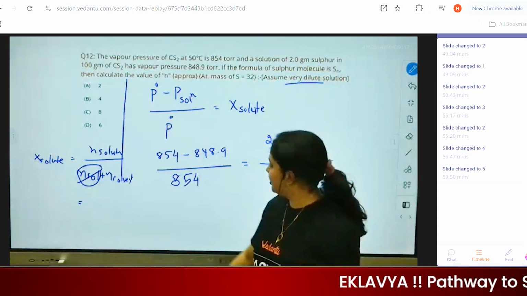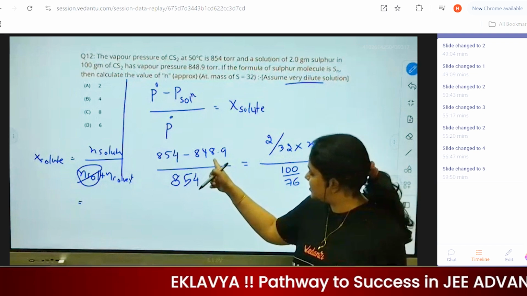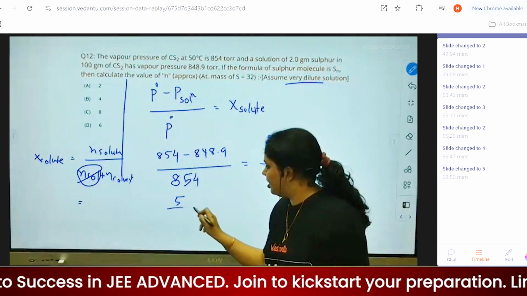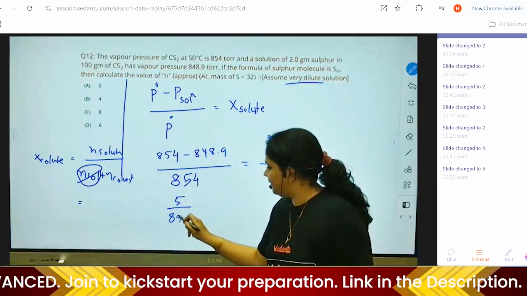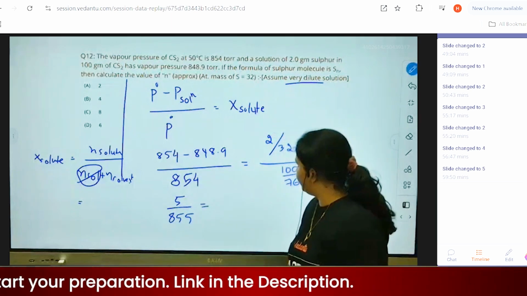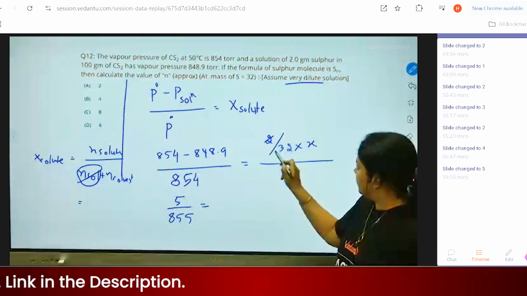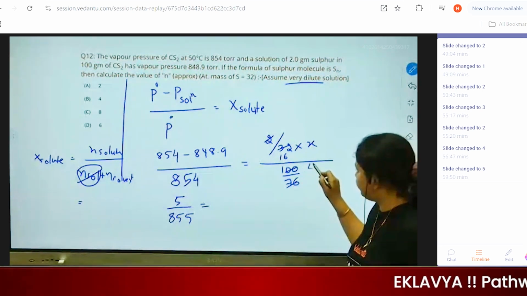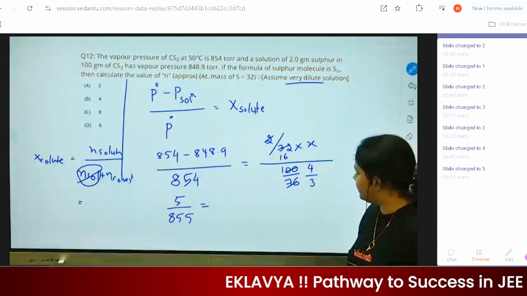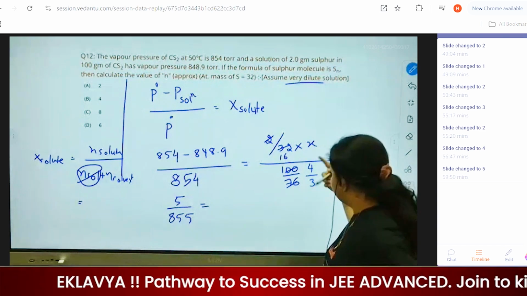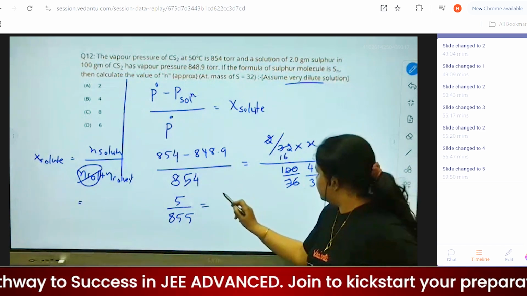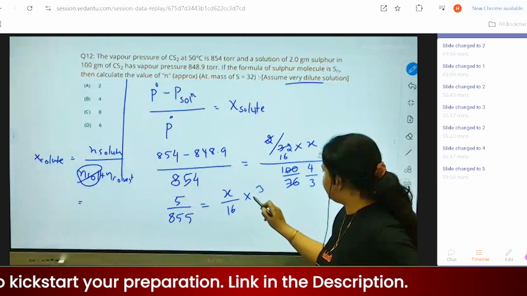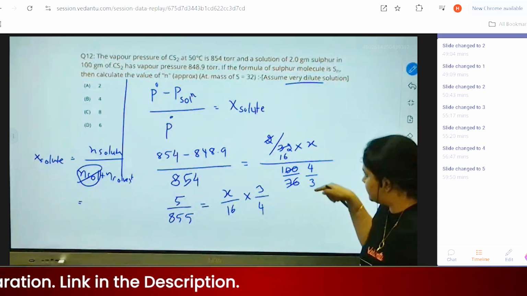For example, how to solve: let me take this as 849. So 854.9, this is 5. I'll assume this as 855, which is equal to, here it is 16, here 75. So 25 4s are, 25 3s are. So here what all things are there? X by 16 multiplied by 3 by 4. 3 comes up by 4.